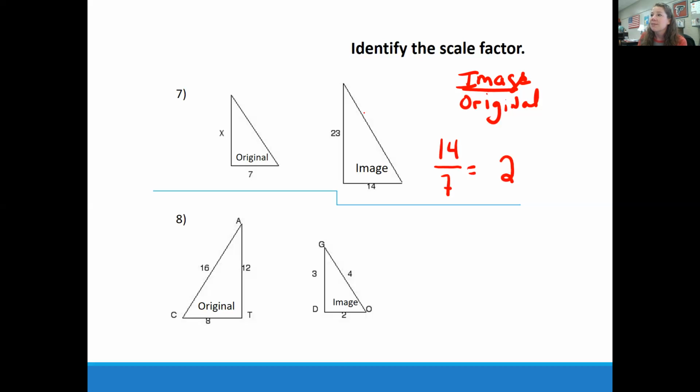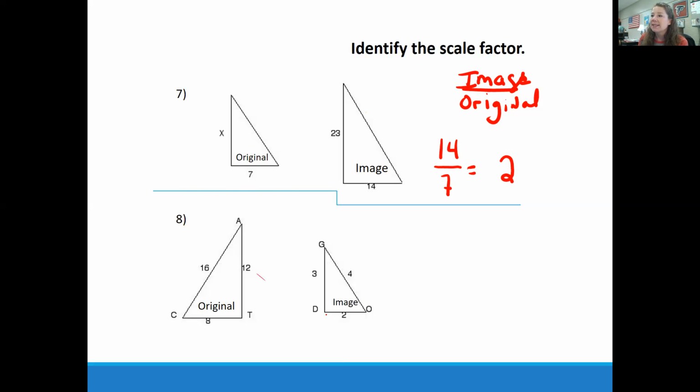In other words, the image is twice as big as the original. This isn't drawn to scale, but it should be. But double check it, go back to the original and ask, is the image larger, do I have a scale factor greater than 1? Because if you got the numbers mixed up, if you put 7 over 14 and simplify it, you get 1/2. But according to the picture, that doesn't make sense.